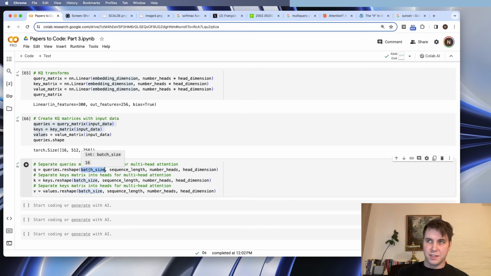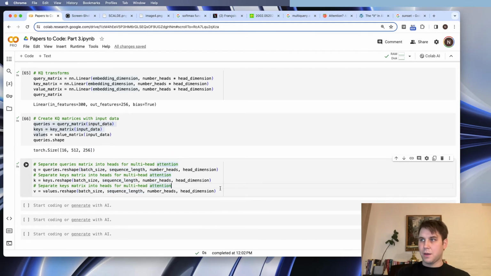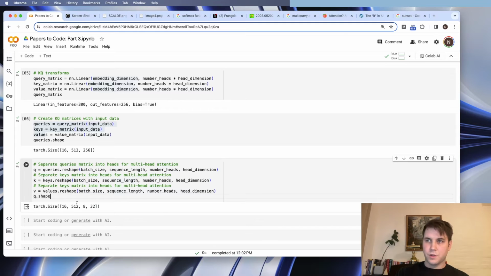Remember, this is 16. The first dimension stays the same. Sequence length is 512. That stays the same. And the number of heads and head dimension actually gets split out. So this 256 becomes 8 by 32. So we've turned all of these into this shape.